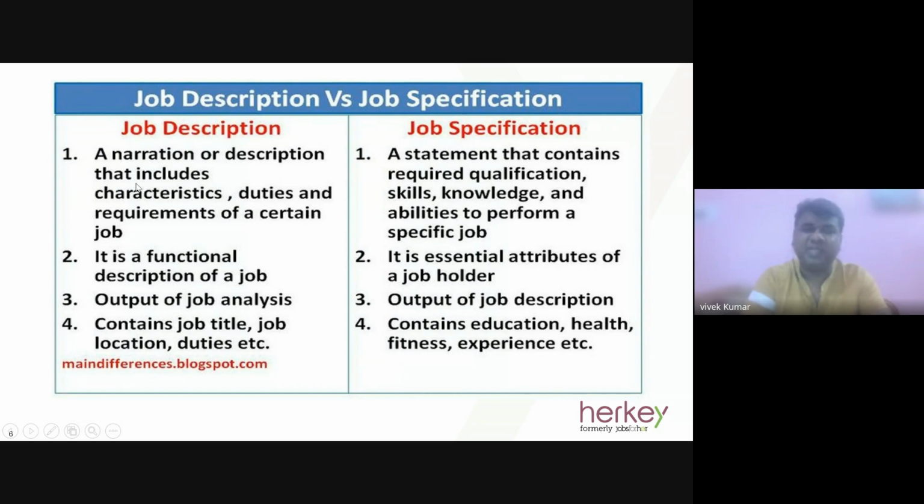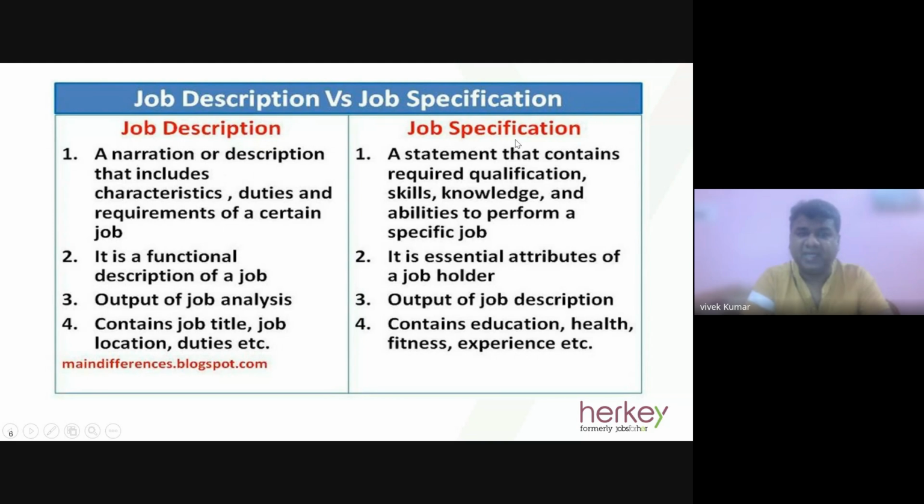And then it also includes certain characteristics like whether this is an individual contributor role, or more like a team management kind of role, or whether this is a leadership kind of role, and things like that. All those things are there in the job description. So the job description is very exhaustive. It consists of all of these details, right?